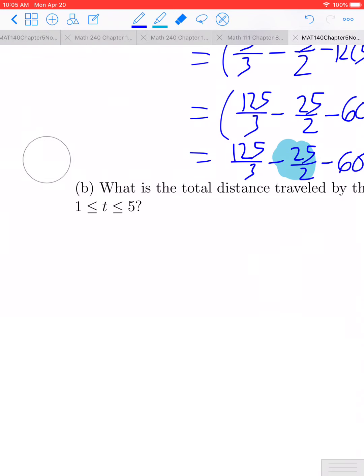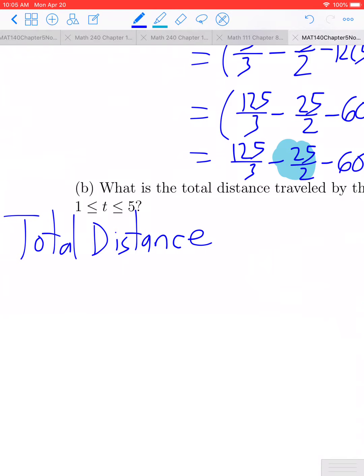So the total distance traveled doesn't really care about the direction. So it's going to be the integral from 1 to 5 of the absolute value of v of t dt.